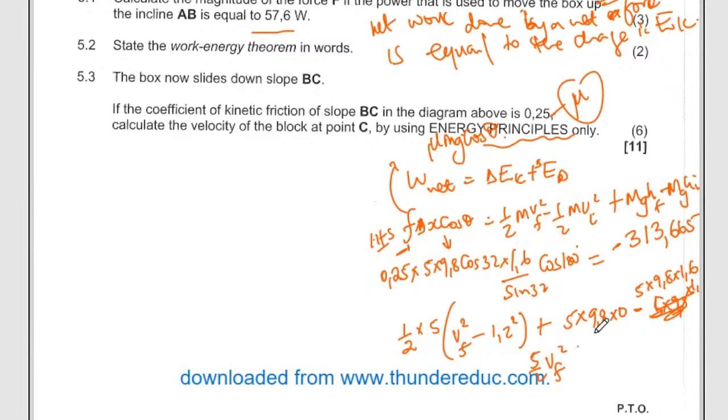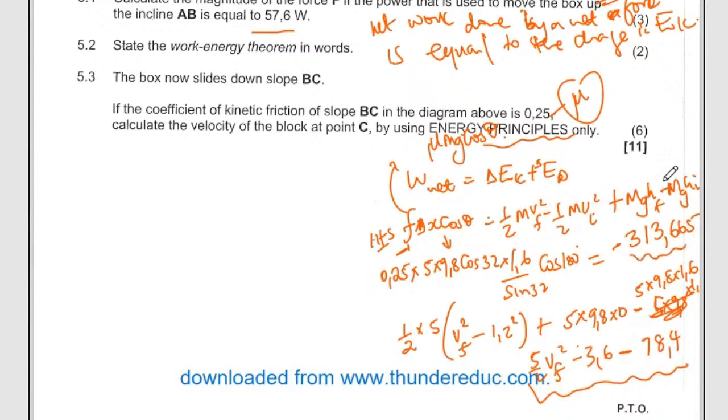This is out, and I open this: what is 1.2 squared times 5 over 2? That gives me 3.6. So minus 3.6, then minus 5 times 9.8 times 1.6. I'm getting 78.